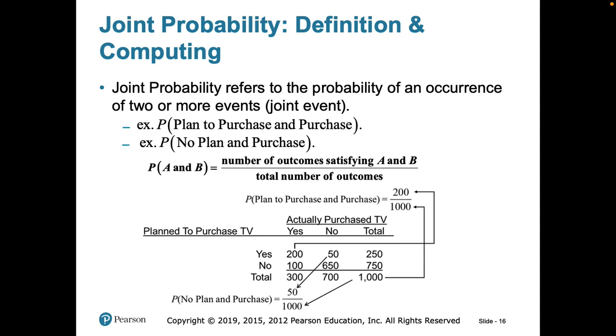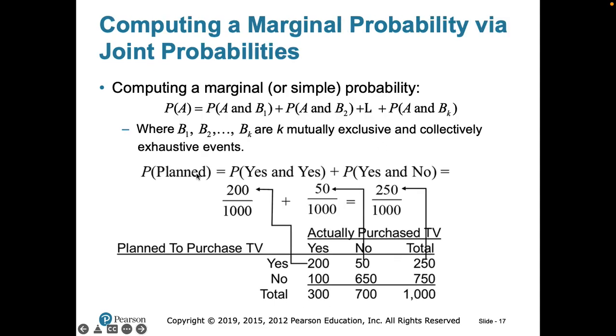Going back here, the ones that plan to purchase and purchase, you get 200 divided by 1,000, and then here you get 50 divided by 1,000. Once again, here is yes and yes, which is the 200, and then yes, they actually purchased the TV but were not planning to, so that is the 50, and that's how you get your 250.